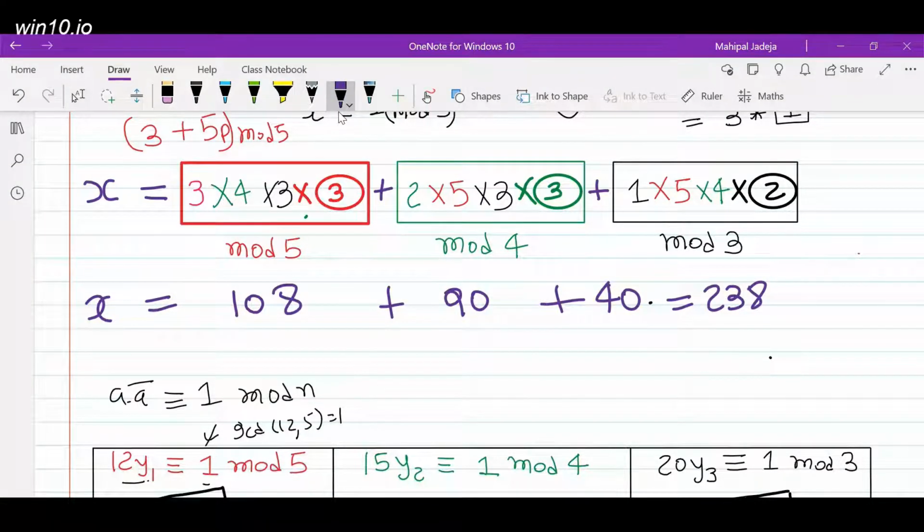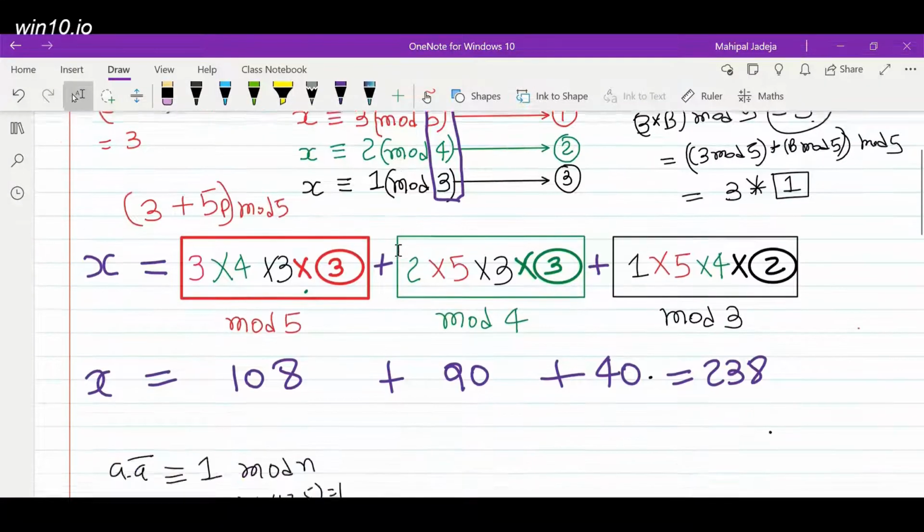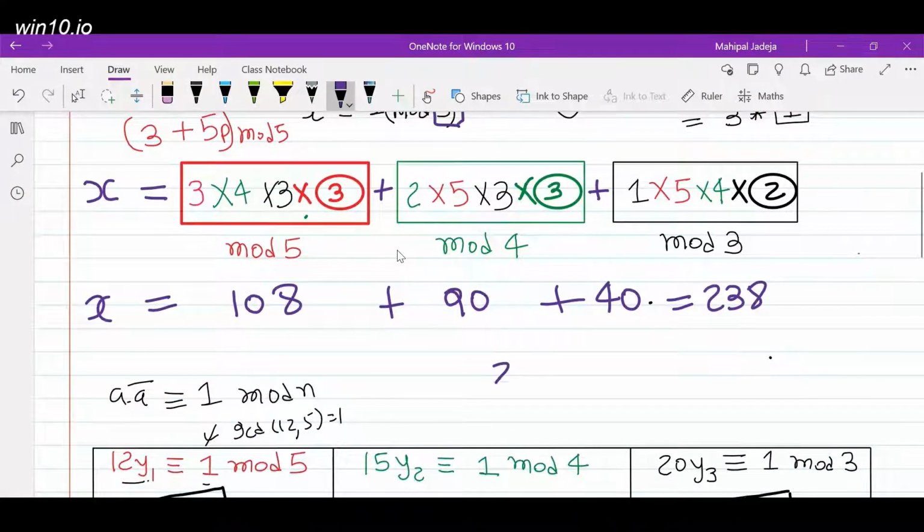So with respect to 238, these three equations will be satisfied definitely, but we are interested in the smallest positive value of x. So in order to do so, we will multiply these three numbers 5, 4 and 3. So we will get one new number, which is nothing but 60, and we will take mod 60 with respect to our final answer, which is nothing but 238.